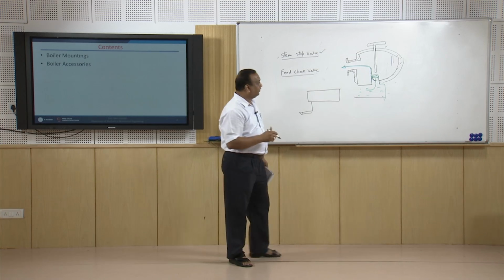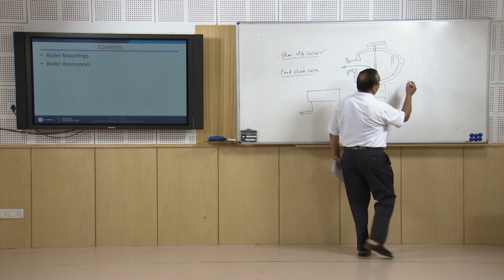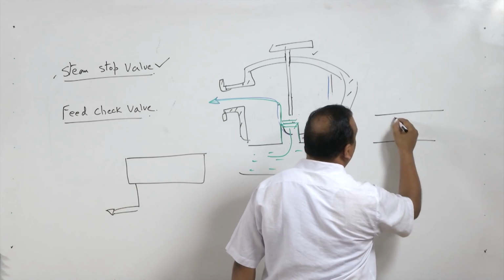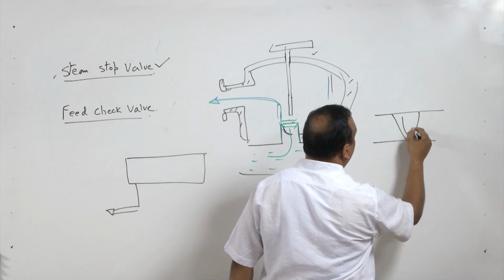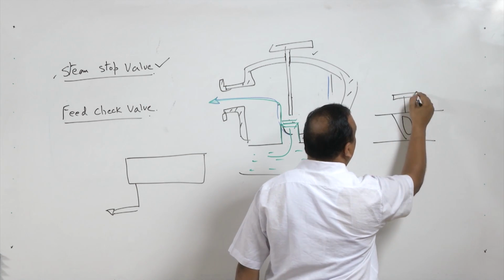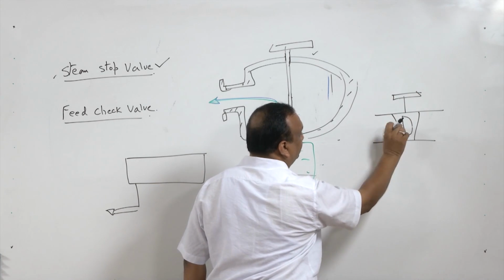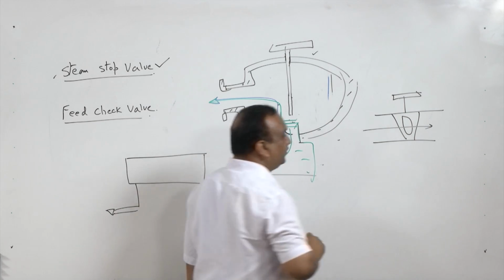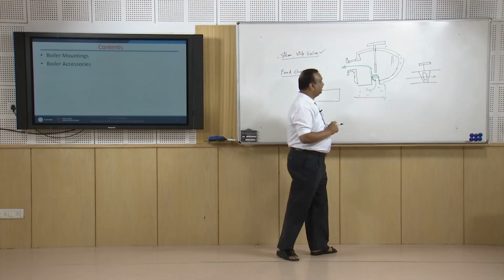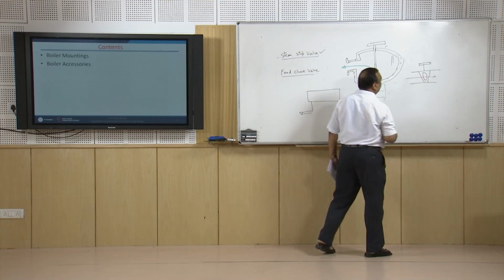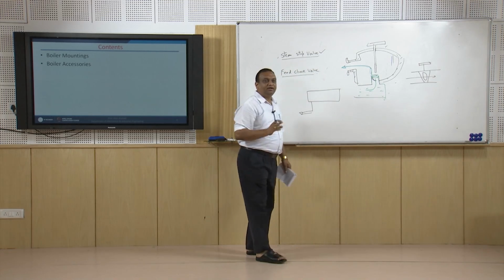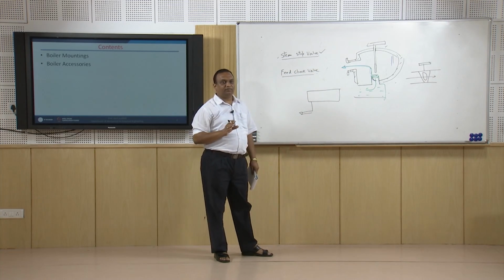It is a simple valve, a type of gate valve, something like this. When this opening is turned in line with the supply line, the valve is opened, and the sediments and impurities are removed from the boiler.